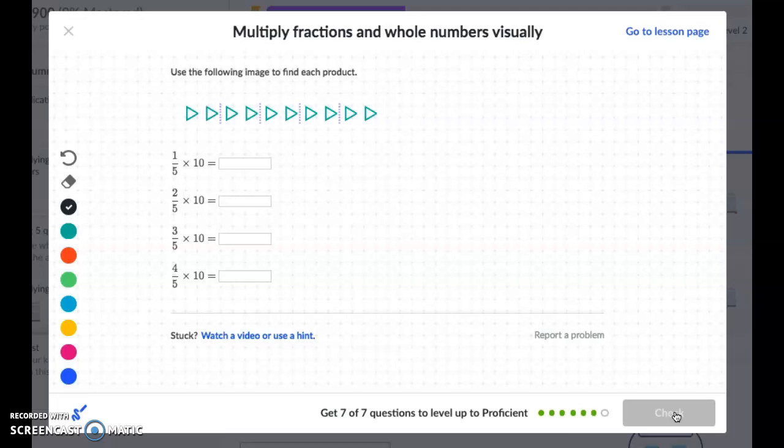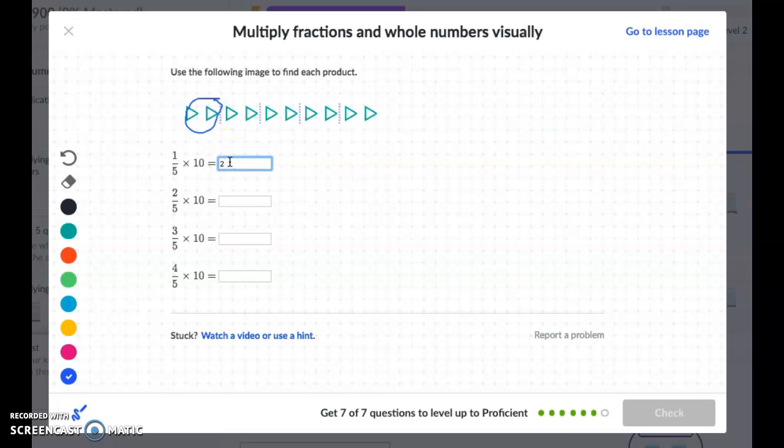Use the following image to find each product. So here you can see we have 1, 2, 3, 4, 5, 6, 7, 8, 9, 10 triangles, and they're divided into 5 groups. So 1/5 of 10 is right here, which would be 2.